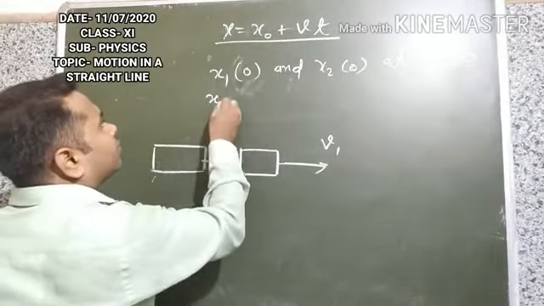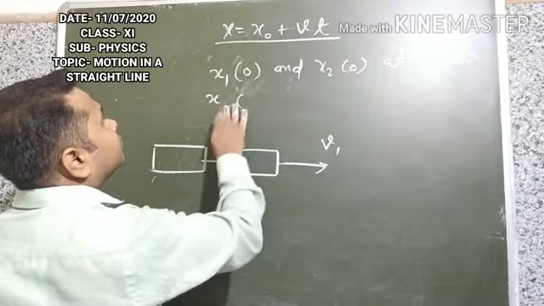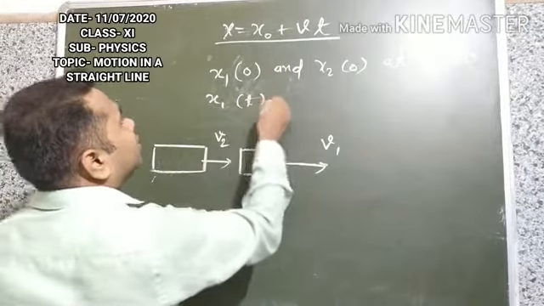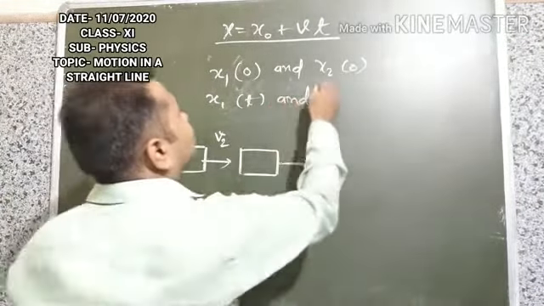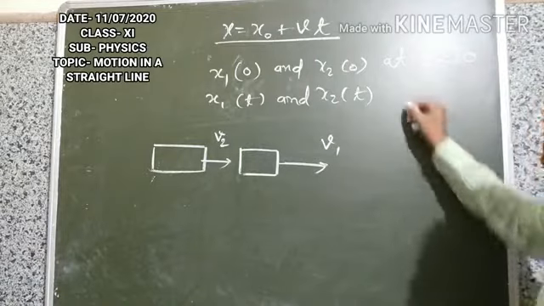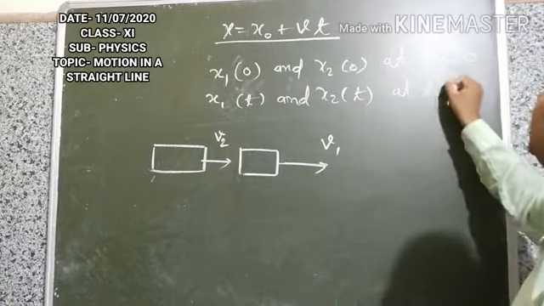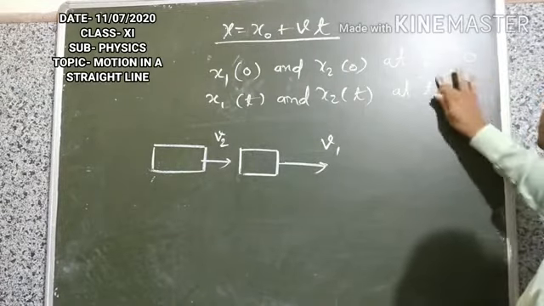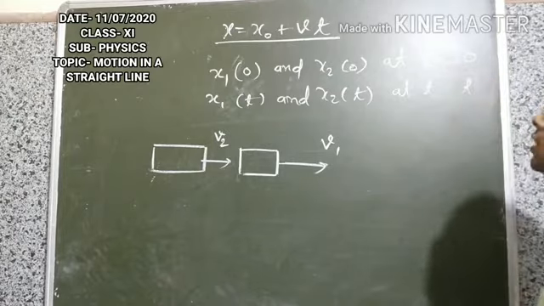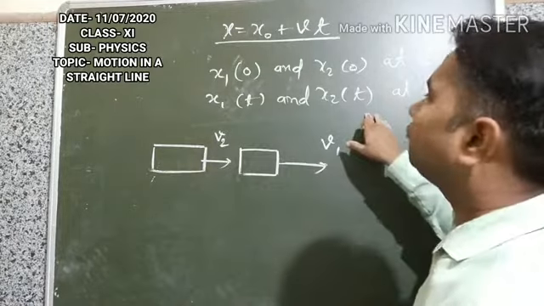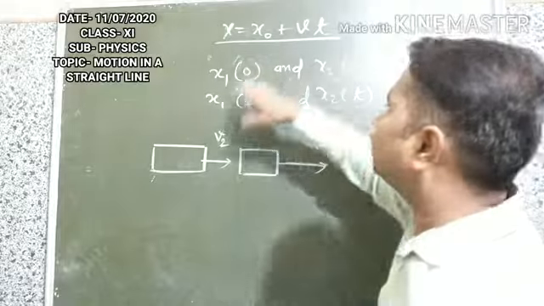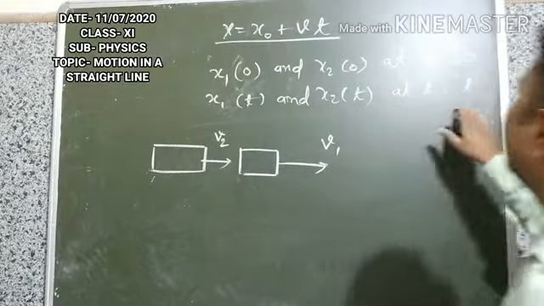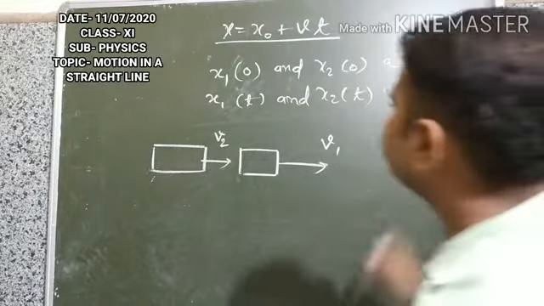And x1t and x2t are the position coordinates of the objects at time t. So they are the final positions of object 1 and 2 respectively at time t.